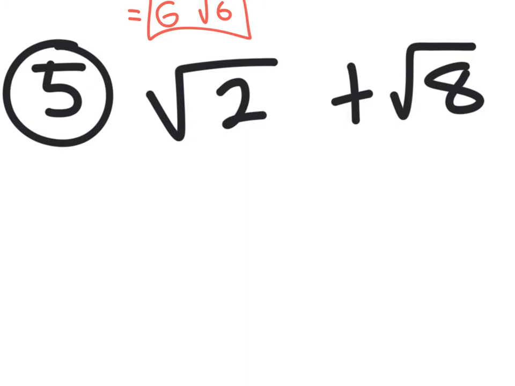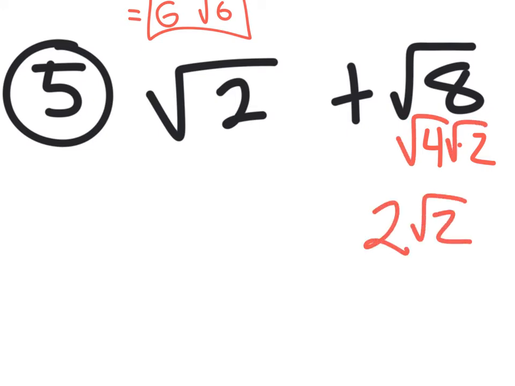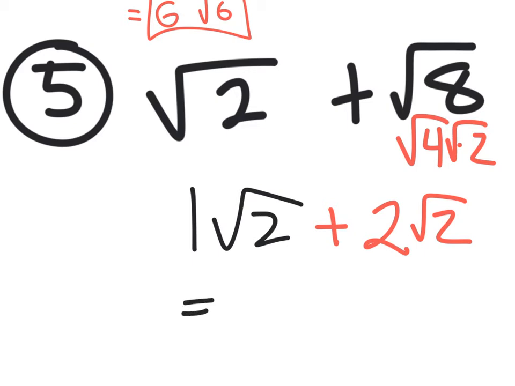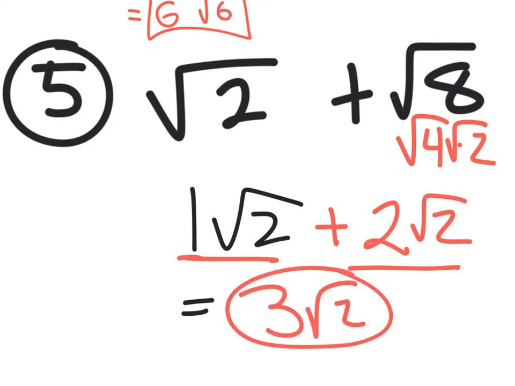So the square root of 8 could be rewritten as 4 times 2, correct? Which means that you could split the root, right? Which really means that you have 2 square roots of 2. And if you bring down the plus, bring down what you actually have over here, the square root of 2, which is really one of those guys. You can put an invisible one if you want. So your final answer is really that you have 1 of these and 2 of these. So you really have 3 of those guys, which is 3 square root of 2.